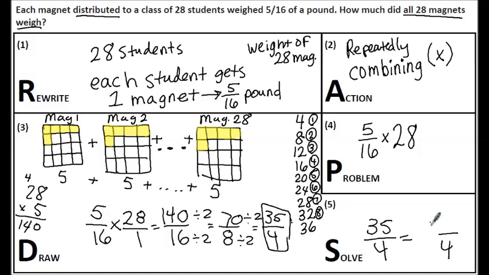So I have 4 times 8 is 32, but I need 3 more to get to that 35. So 32 plus 3 is 35. So now we have 8 3/4 of a pound of magnets.